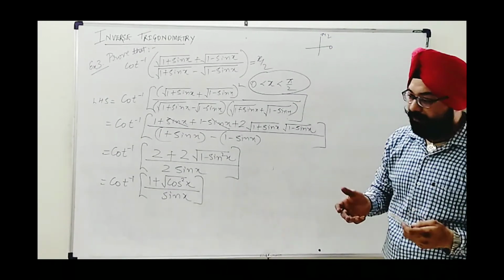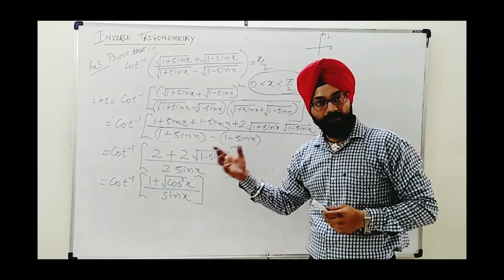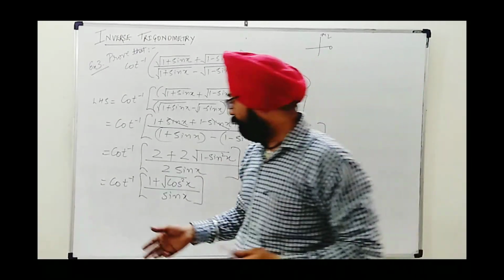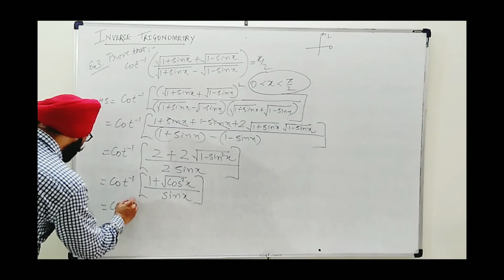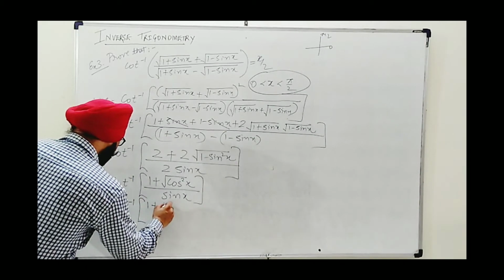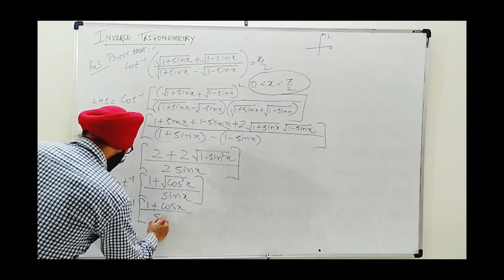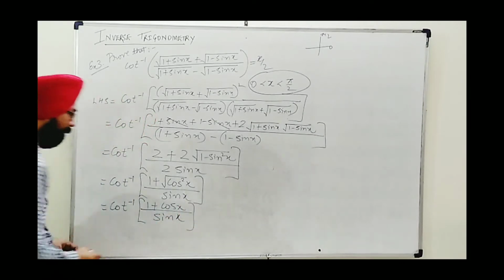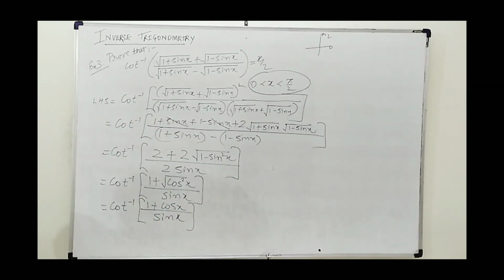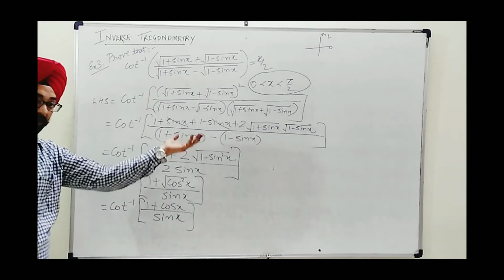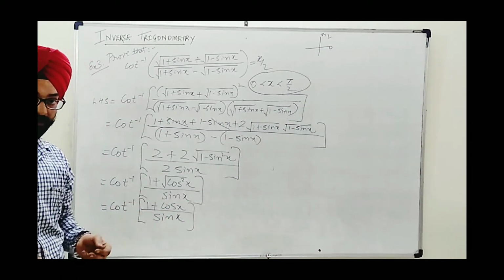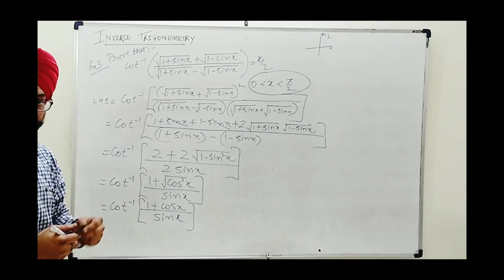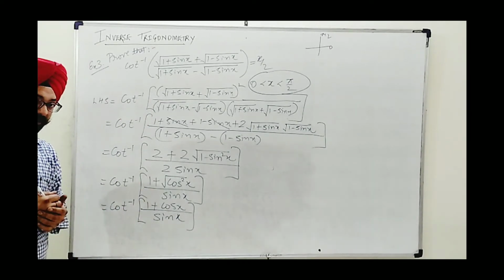In the first quadrant cos is positive. So eliminating this square root and square, we have cot inverse (1 plus cos x) upon sin x. Otherwise, if it were some other interval like second or third, we would have written negative cos x here.